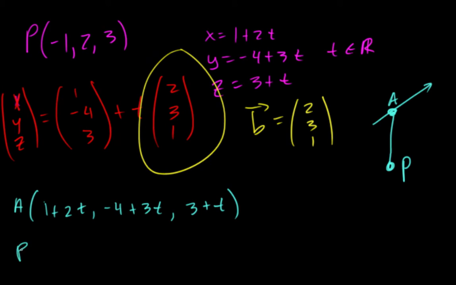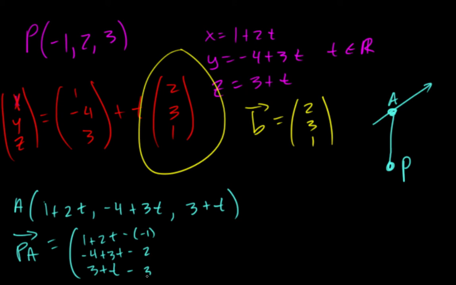Okay, and so if we find PA, we're going to write all our A values, minus, minus, minus, and then we take our P values right here. This is like adding, so we get 2 plus 2t, subtracting negative 6 plus 3t, negative 3 positive 3, so that's just t.